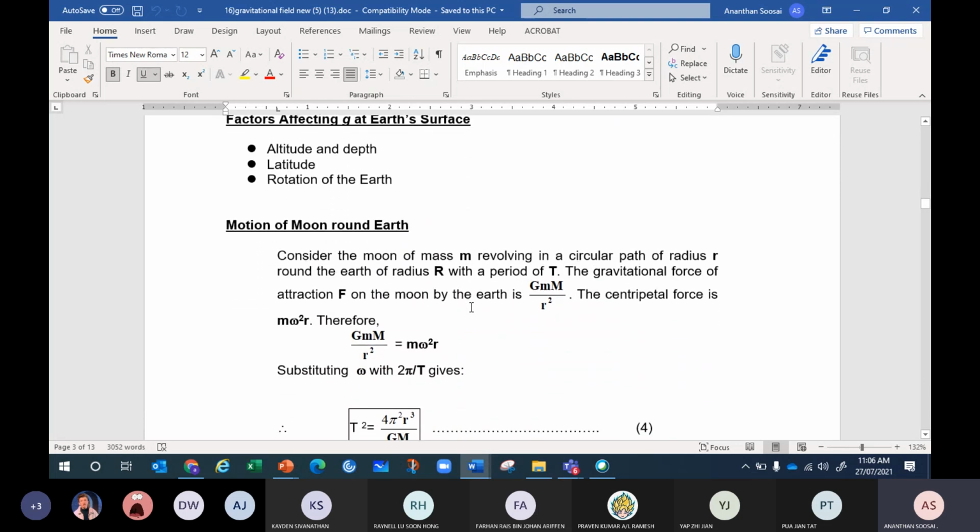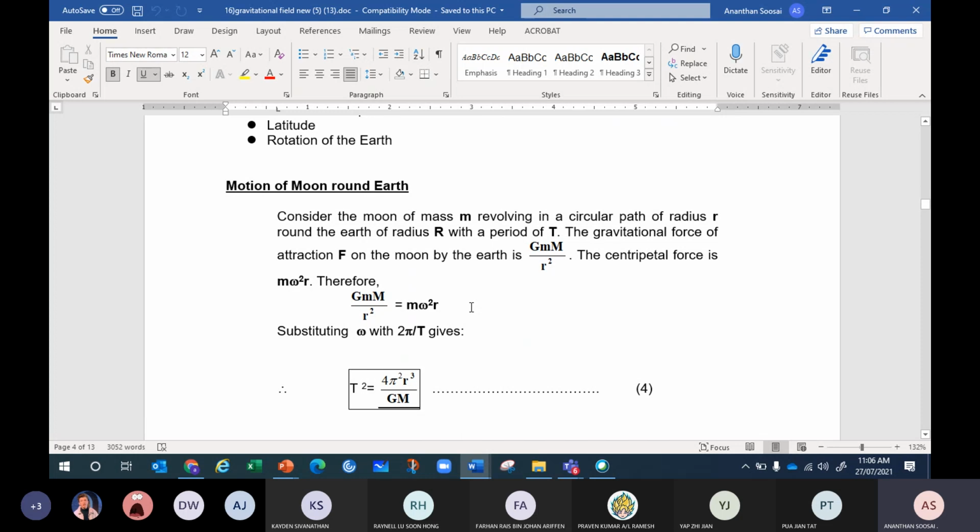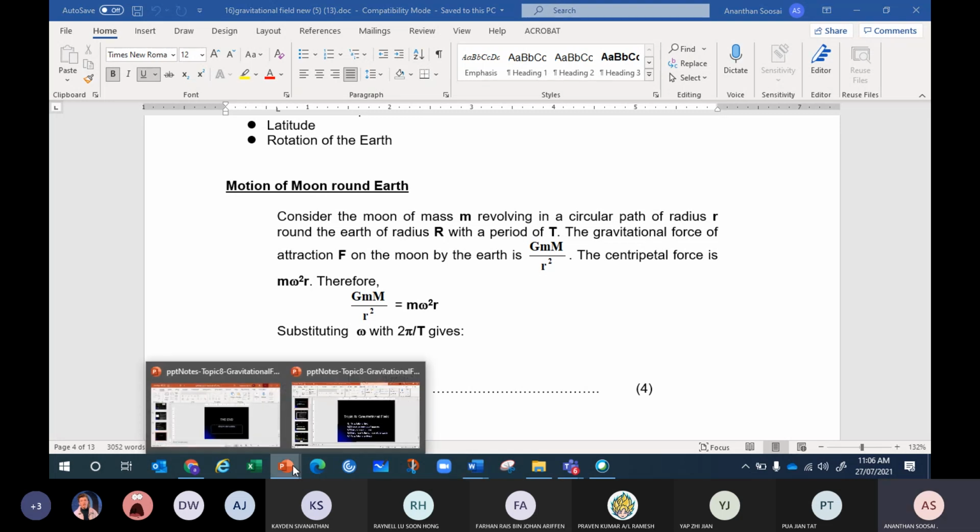Finally, we explored how to launch a satellite, and discovered that Newton's law of gravitation helps us get the height to be launched by using this equation: GM/r squared equals the centripetal force. So we can find omega, substitute with 2 pi over T, and you can work out this equation.